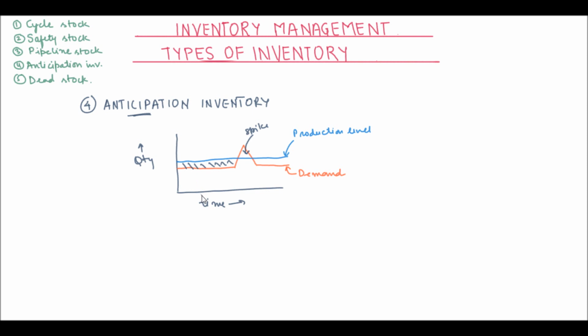Now, anticipation inventory can also help when the supply rather than demand is uneven. So let's say a company may stock up a certain purchase item if its suppliers are threatened with a strike or have severe capacity limitations.